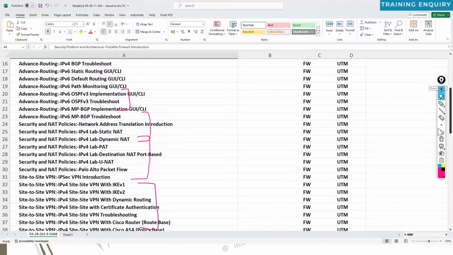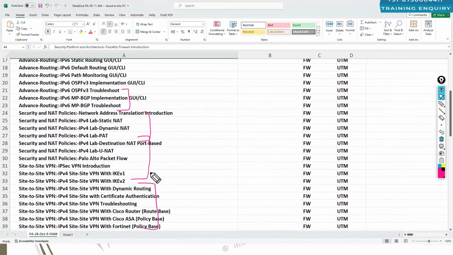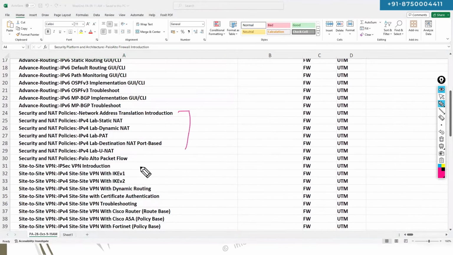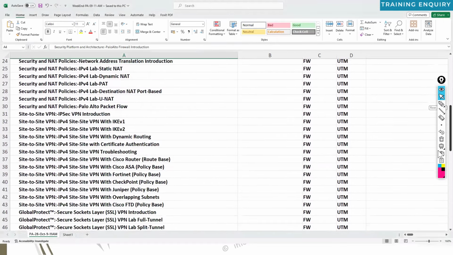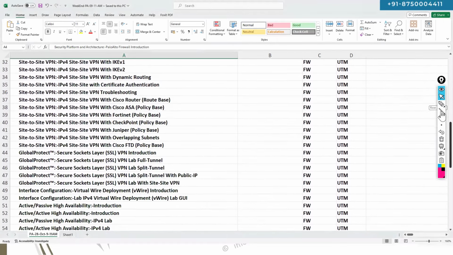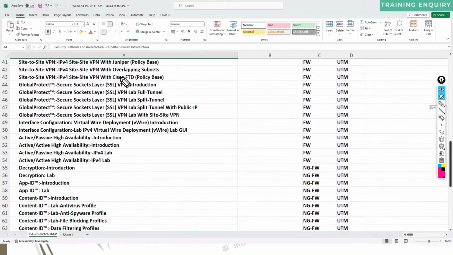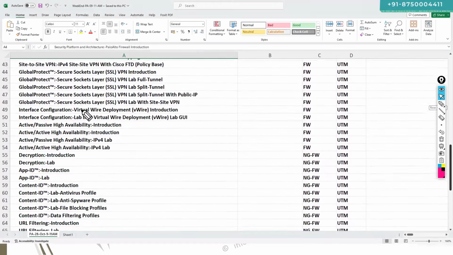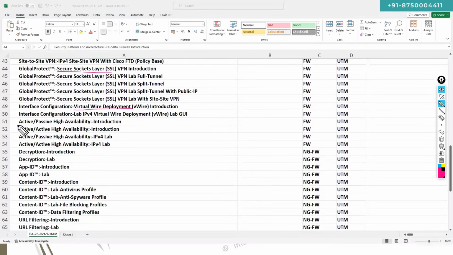Along with routing, it also supports NAT, IPsec VPN, and SSL VPN, transparent firewall features, and HA. But these features can also be provided by a normal firewall.